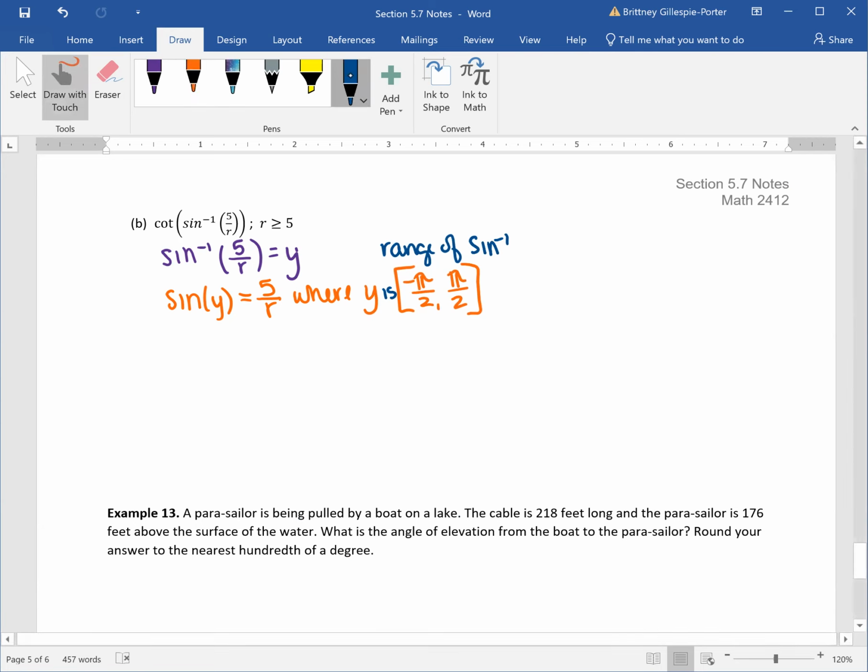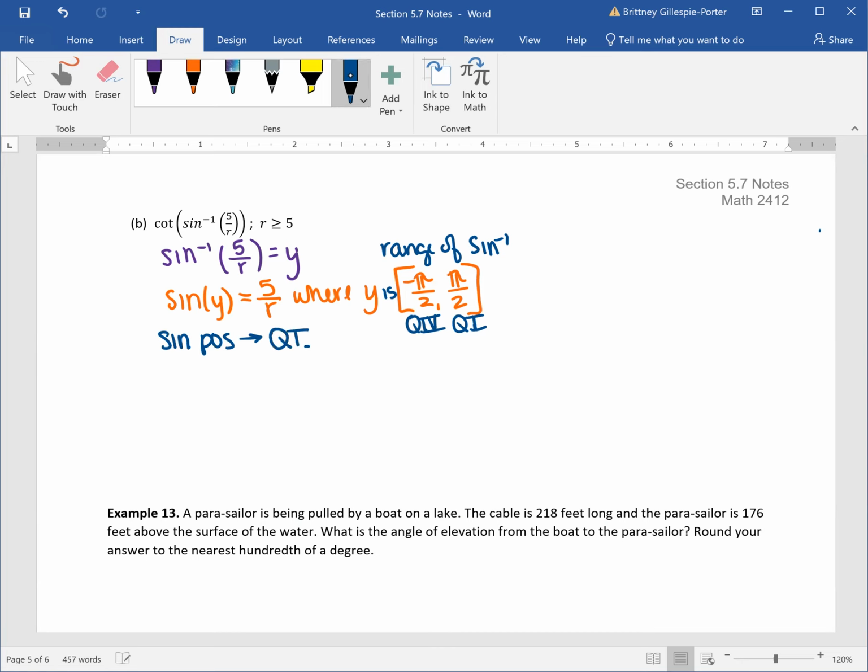All right, so these guys are familiar to us. We're working with quadrant 4, quadrant 1 again. Here, sine is positive. So sine positive, we're going to use quadrant 1. If sine was negative, we would use quadrant 4. And here, I'm looking at that 5 over r to determine that our sine is positive. If it was -5 over r, that's when we would be in Q4 because our sine would be negative.